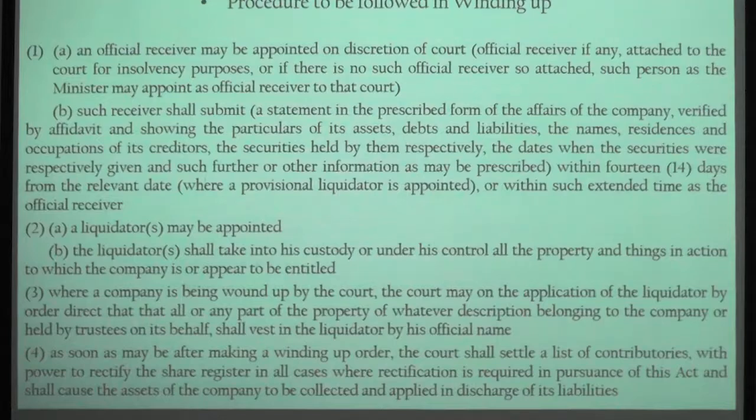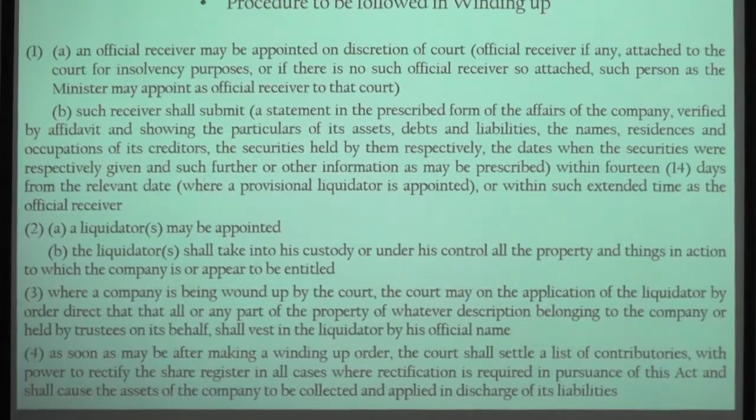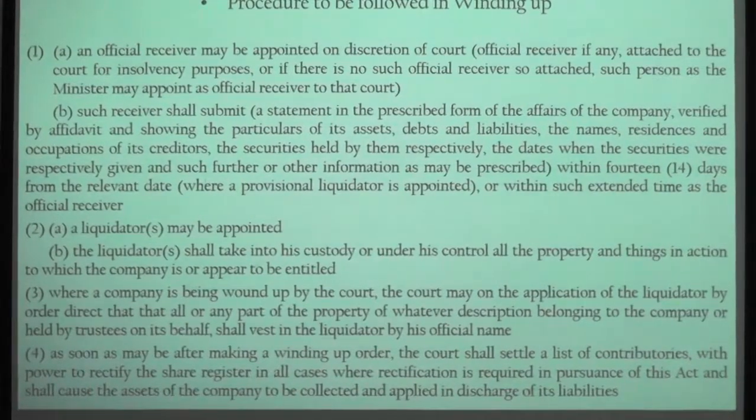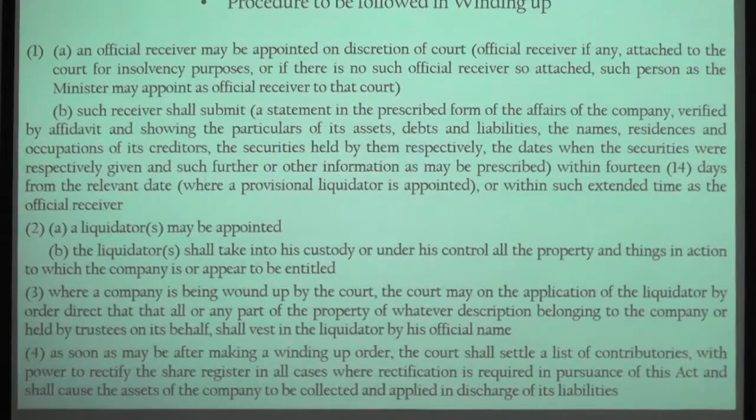Now, thereafter, where a company is being wound up by the court, the court may, on the application of the liquidator by order, direct that all or any part of the property of whatever description belonging to the company or held by trustees on its behalf shall vest in the liquidator by his official name.